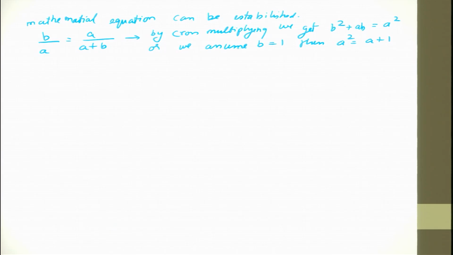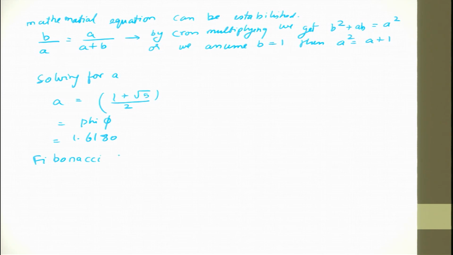Solving for A, we get A equal to (1 plus square root of 5) by 2, which is 1.6180. So, this is what is called the Fibonacci sequence.